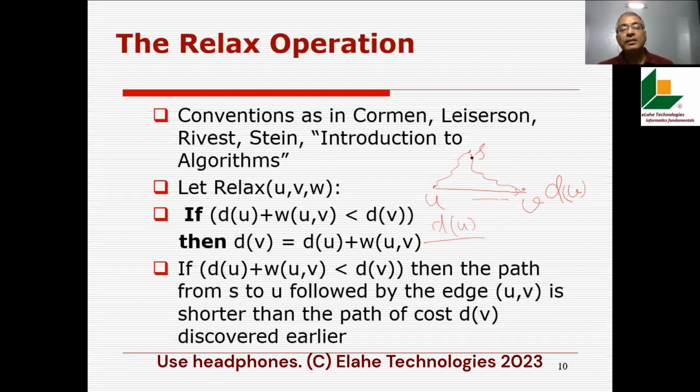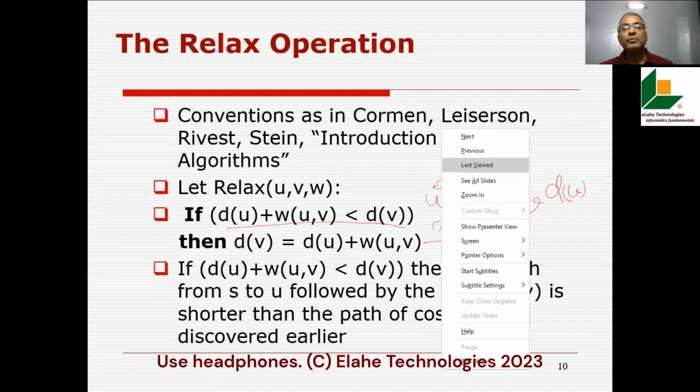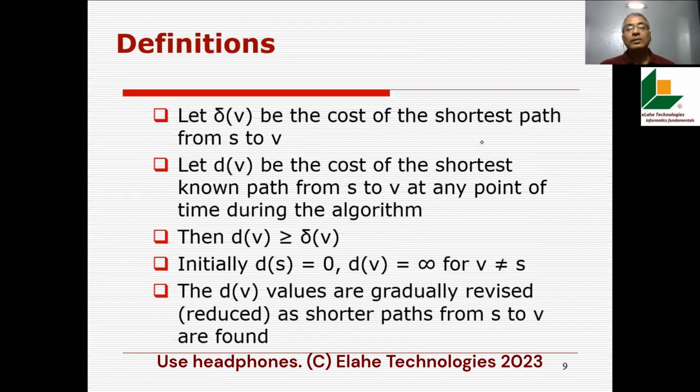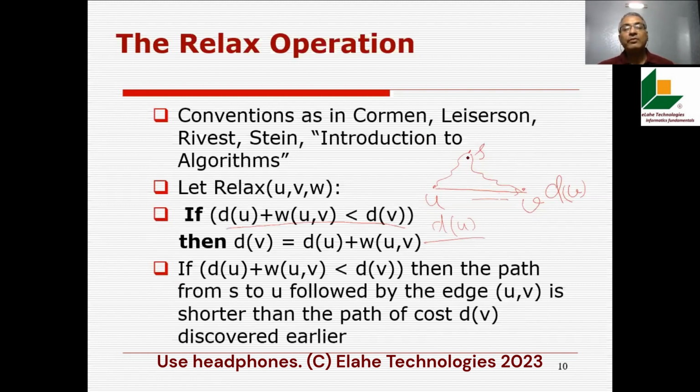It means that it's cheaper to go from S to V via U than by the best known path from S to V found so far. I'll repeat: du plus WUV less than dV means it is cheaper to go from S to V via U rather than via the best known path found so far. Which means we have discovered a better path than the best known path.